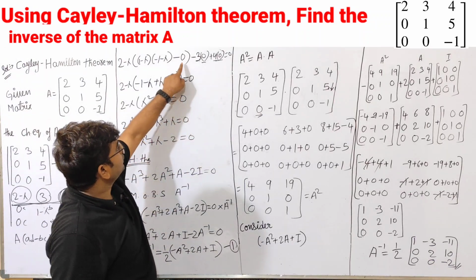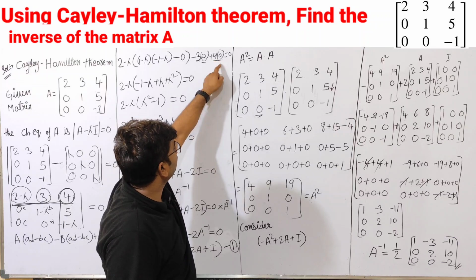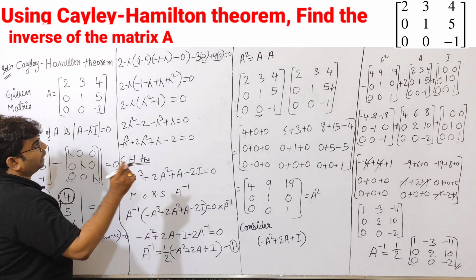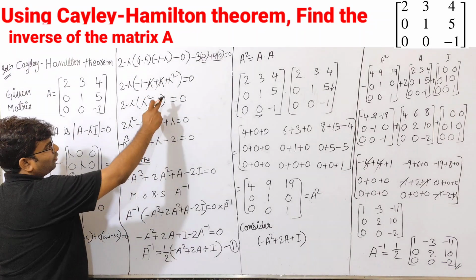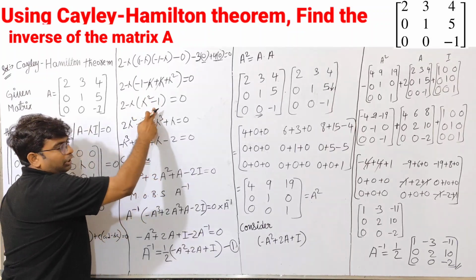And here 0, no need of taking this: 3 into 0, 0, and 4 into 0, 0, and equals to 0. Now look here, minus lambda plus lambda will cancel, lambda square will remain, so I have taken lambda square and minus 1.